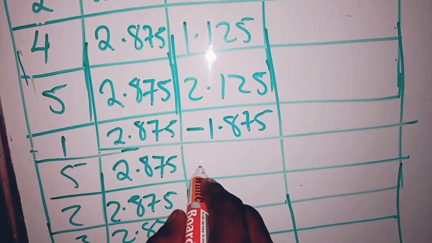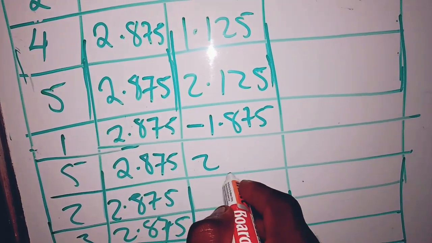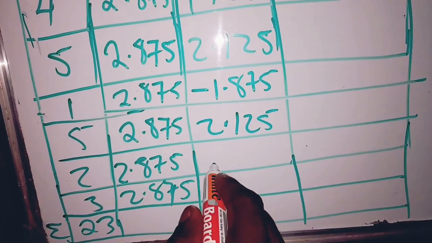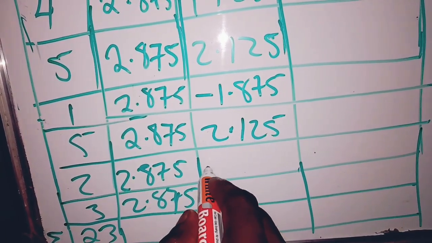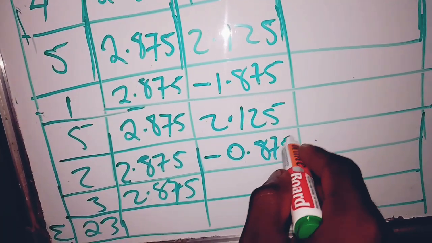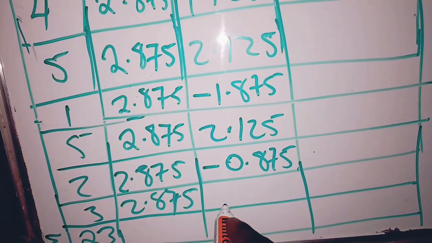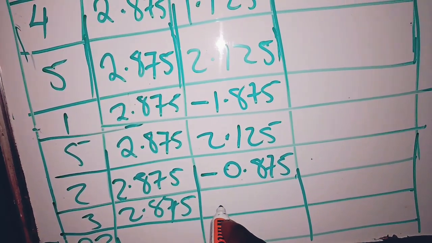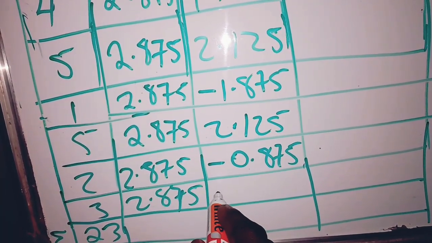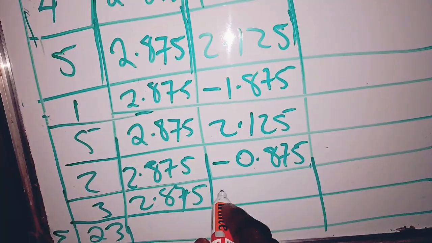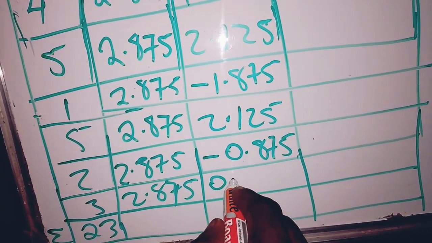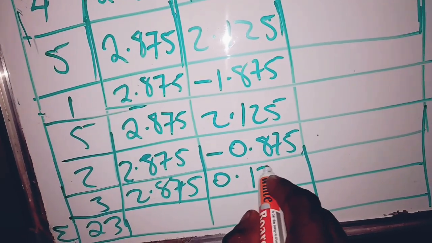Then here also it's 2.125. Then here negative 0.875. And then here I'm going to have 0.125.